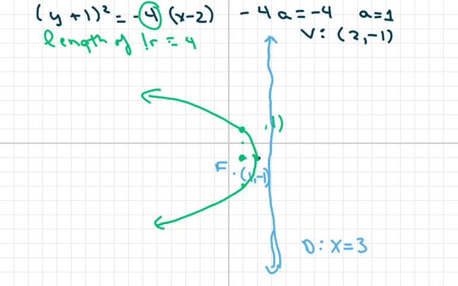This one, sorry, would be 1, comma, 1. You can just get it right off the graph. And this one right here would be 1, comma, negative 3. Because I'm adding 2 to the y. I added 2 here, and I added 2 here.